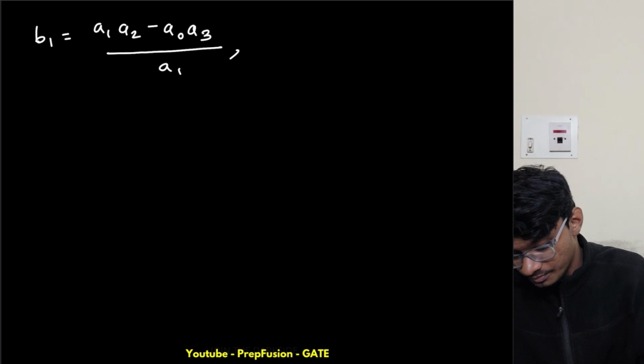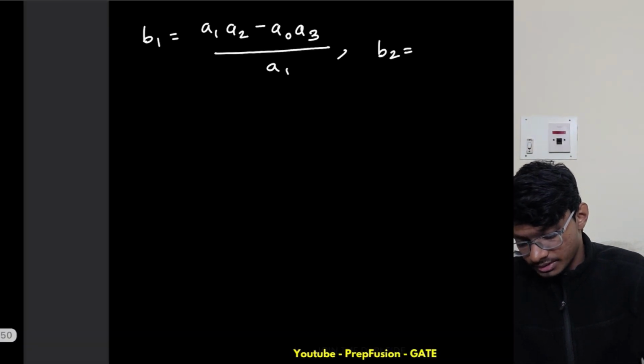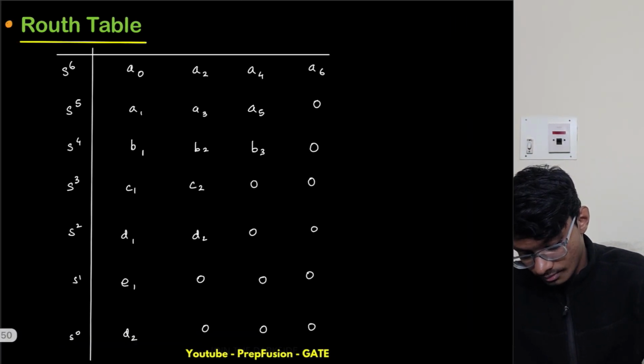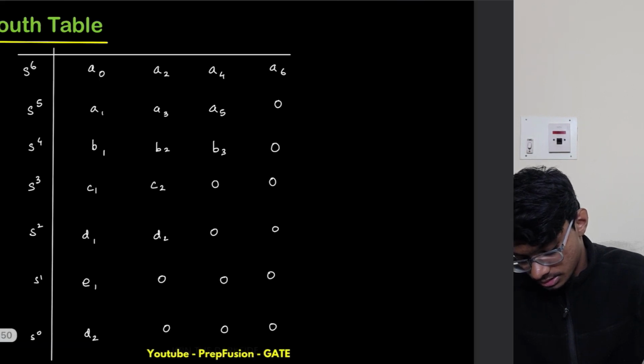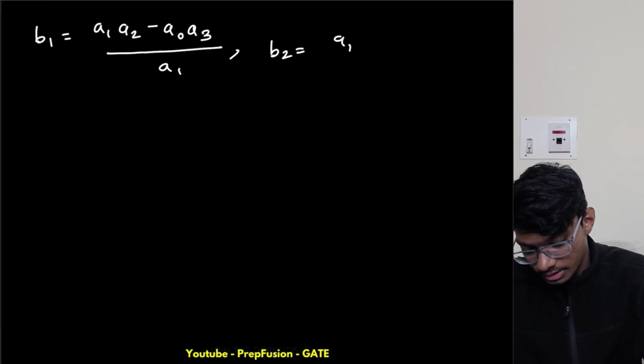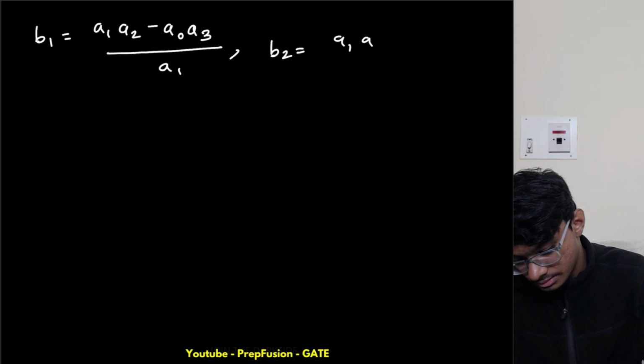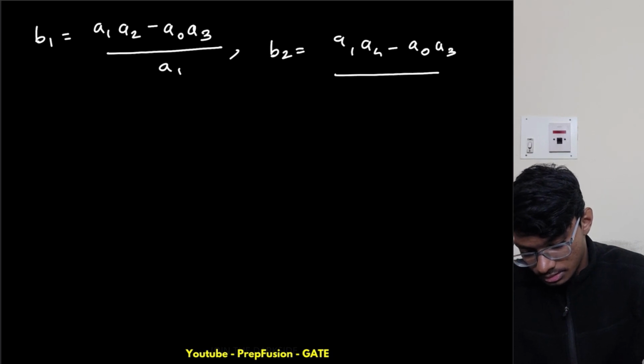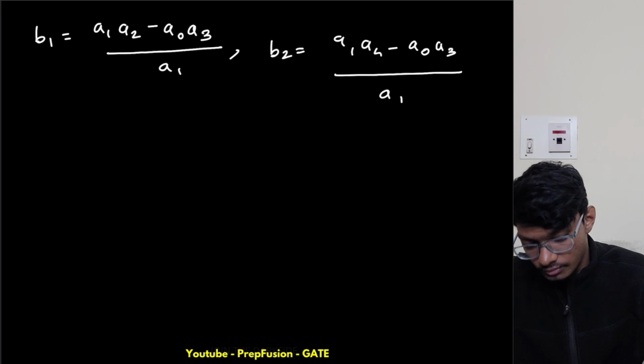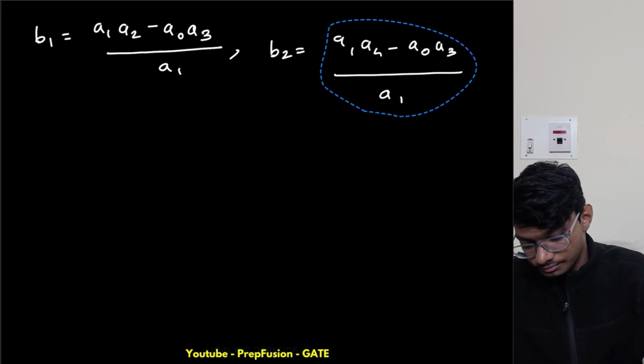So my b2 is simply a1 times a4 minus a0 times a5, divided by a1 itself.